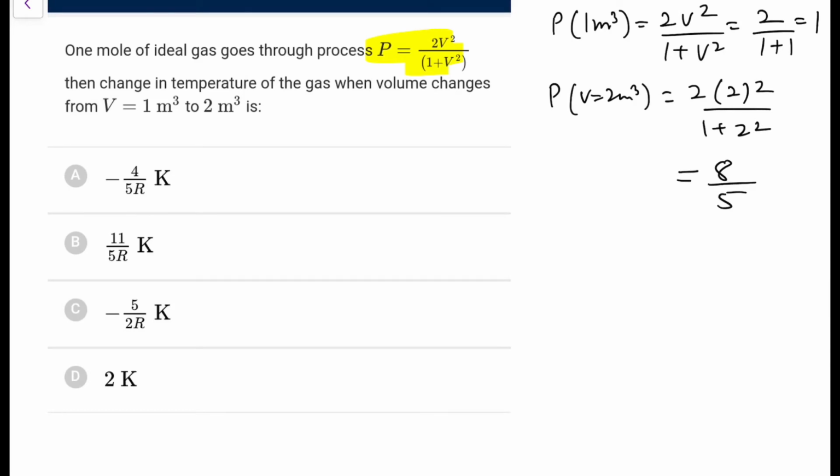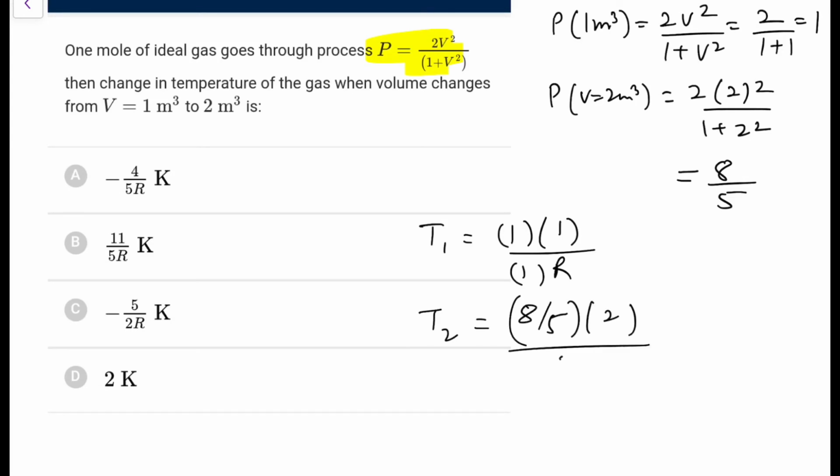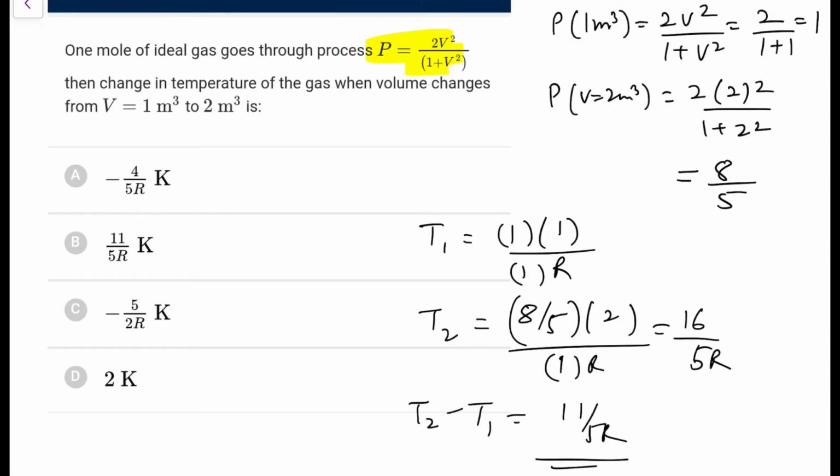So what we can see, delta T, initial temperature T1 was equal to, the P was 1 and the volume was 1, upon NR, N was 1, into R. Now the T2 would be, now the pressure is 8 by 5, the volume is 2, upon 1 into R, so that is 16 by 5R. So the difference is T2 minus T1, that would be 16 by 5 minus 1, that is 11 by 5R. So go for option B. Just do what the question says, it's simple, do whatever it is saying.